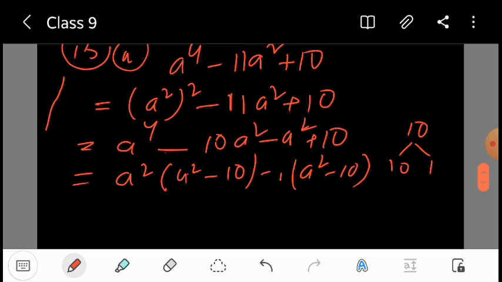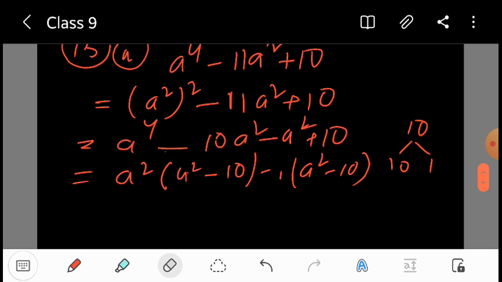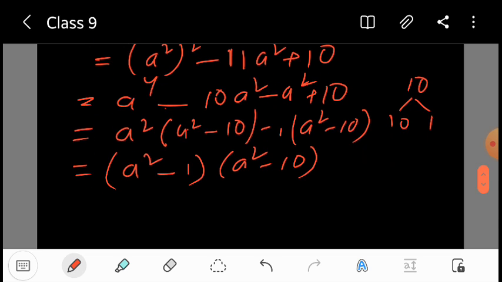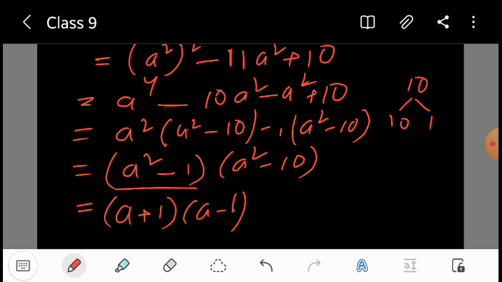And now we will have a square minus 1 times a square minus 10. Again this portion can be factorized. So this is a plus 1, a minus 1, and a square minus 10.